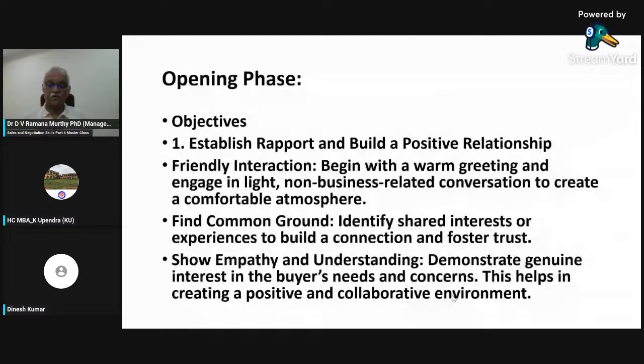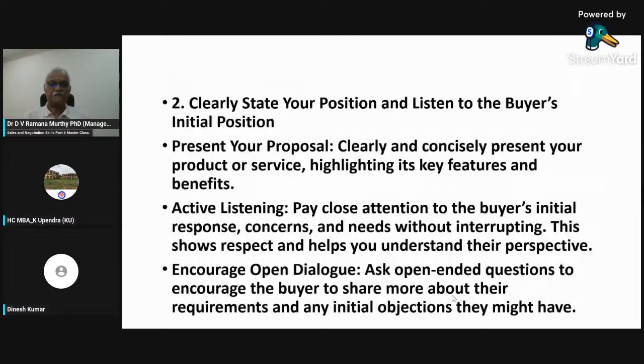You need to always consider their pain points, and whatever points you are going to present for the client, you need to tune yourself into the buyer's needs and concerns with all the sales arguments, because this helps a positive and collaborative environment where you can put the client at ease in the process of conversation.